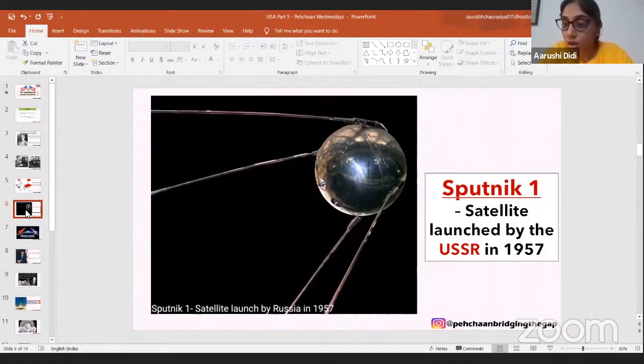So everybody around the world got worried that if USSR is able to send a satellite into space, where nobody had ever been, they could take over the world. They could become the superpower and control the world. Everybody was worried. This led to something known as the space race. Next slide, please.